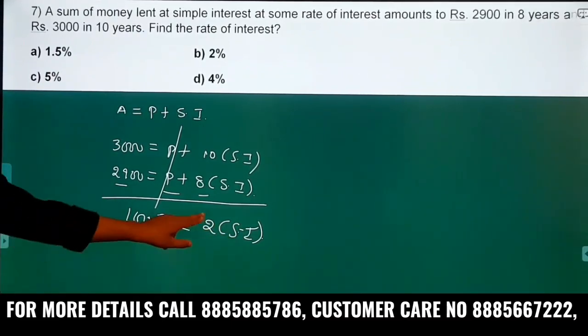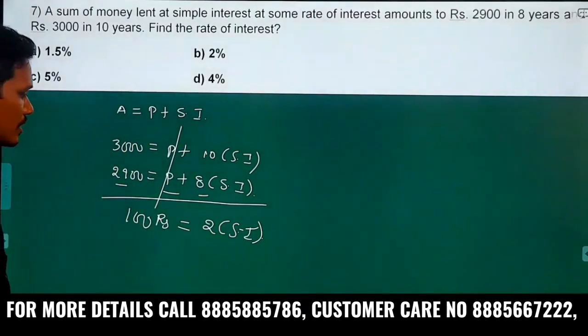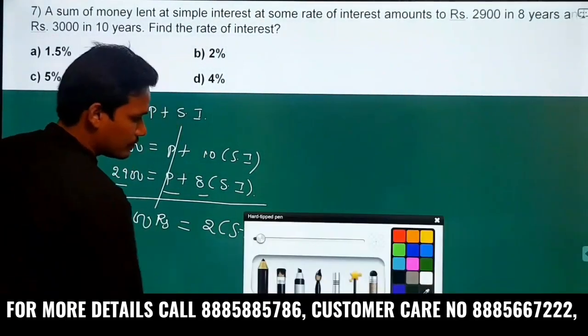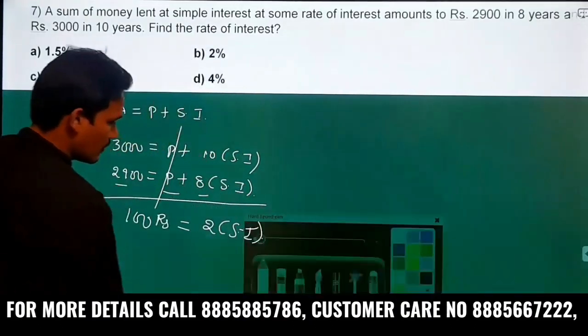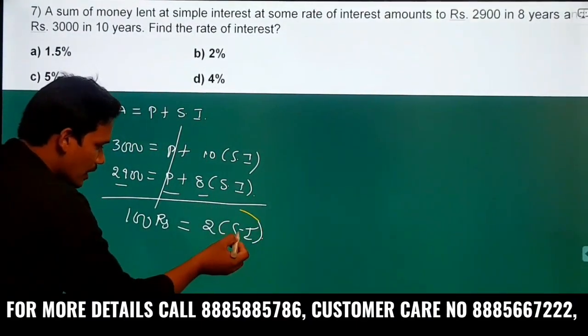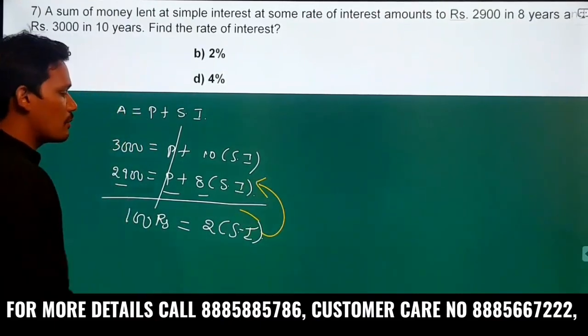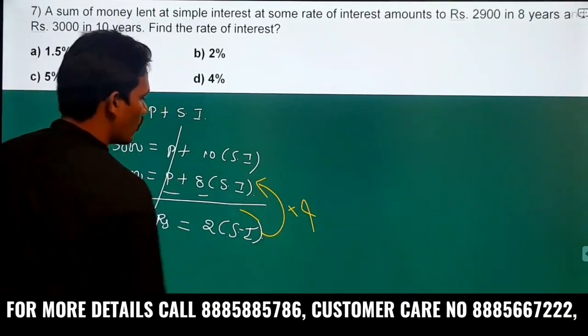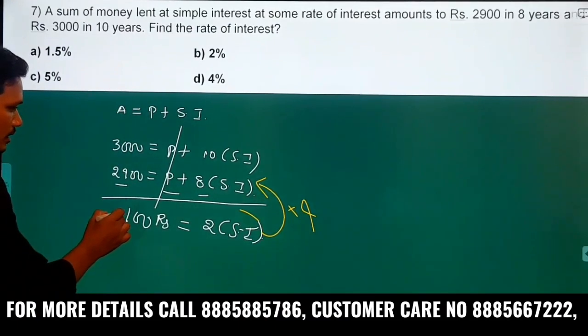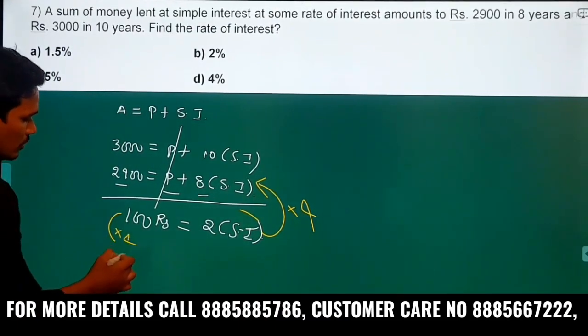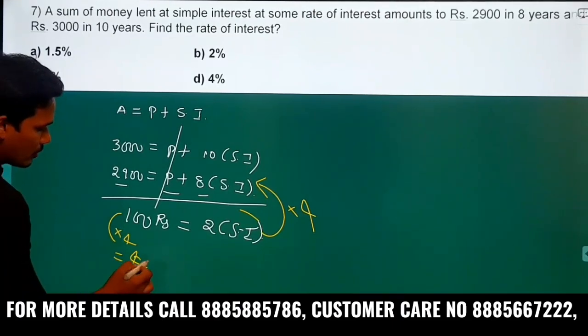Can't you find 8 years simple interest? 2 years simple interest value equals 100, and we need to find 8 years simple interest, so just multiply it by 4. 2 into 4 will get 8, in the same way if you multiply 100 by 4, you will get 400 rupees as simple interest.